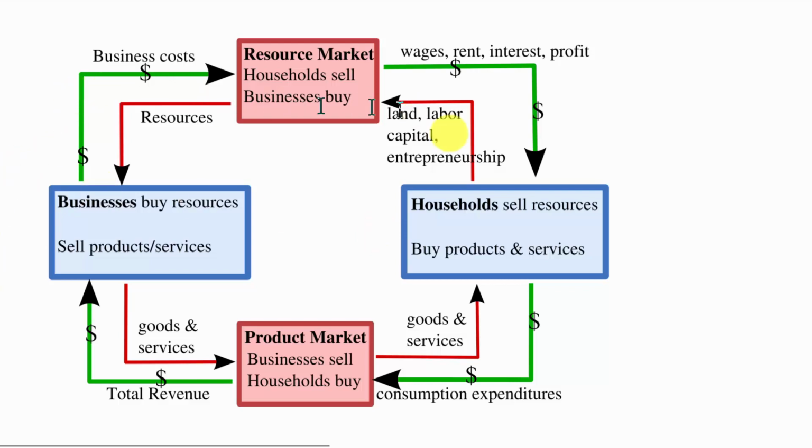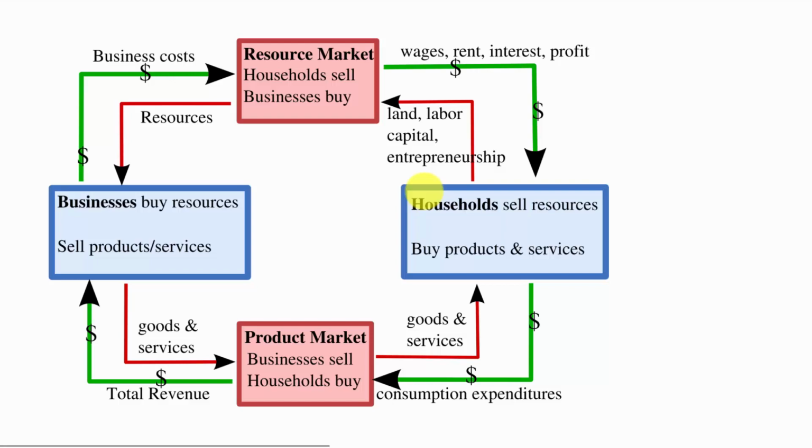The money was flowing around the outside and the goods and services and the resources were flowing around the inside, and everything was fine until one day rumors start to be discussed about how maybe there might be a recession or a depression coming soon. Maybe there's going to be a problem. This is just a rumor. Suppose there's no truth to it at all. But as long as people start to believe it, I want you to think about what kinds of impacts this rumor might start to have in the economy.